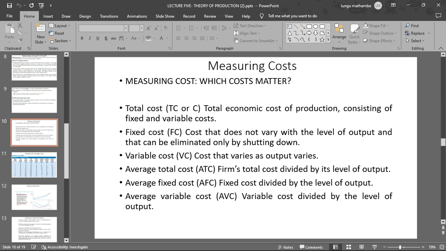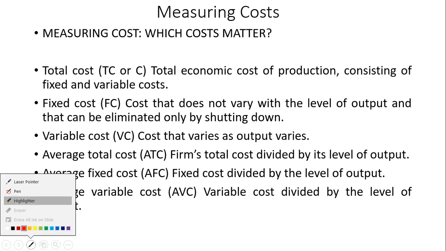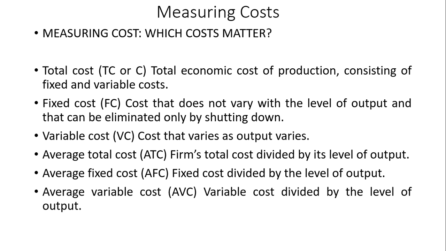First of all, there's what we call total cost, and total cost is just the summation of variable and fixed cost. So when we add fixed plus variable cost, we get total cost.